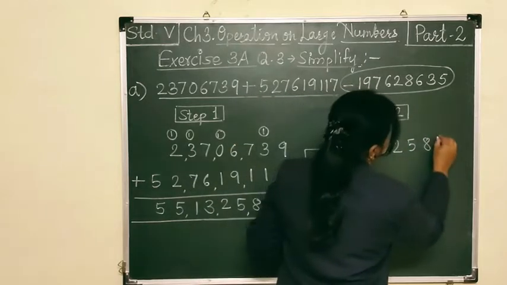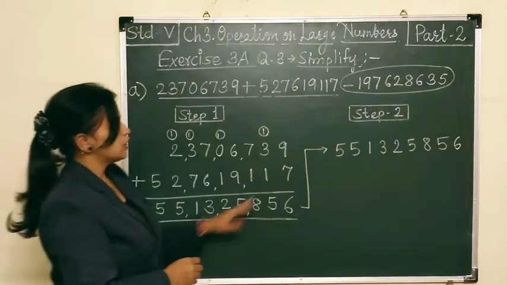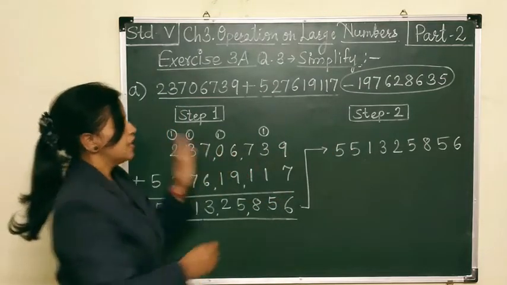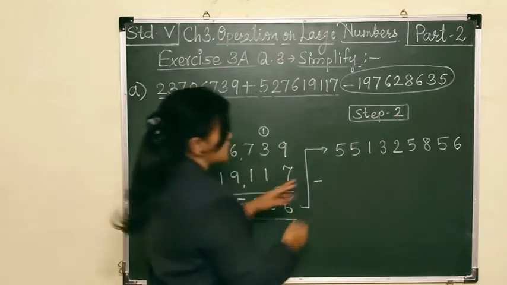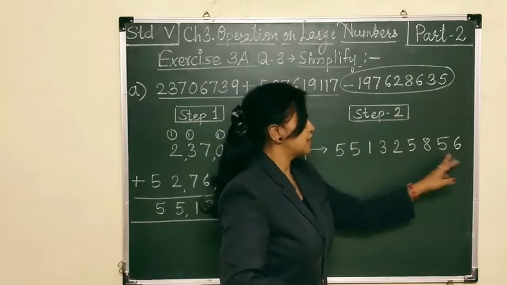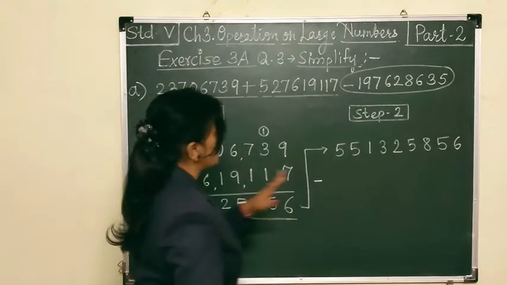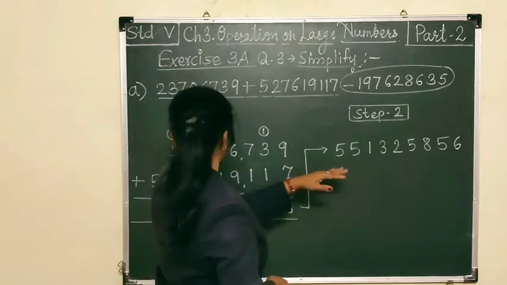This is the sum which we got here. Take it as it is up there, and from that we have to subtract. This is a 9-digit number. So from this we have to subtract.